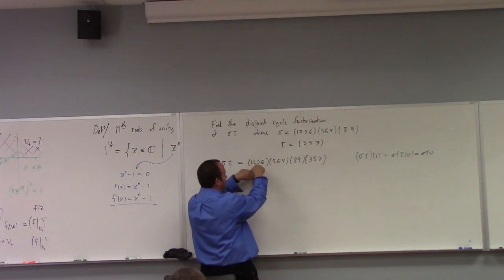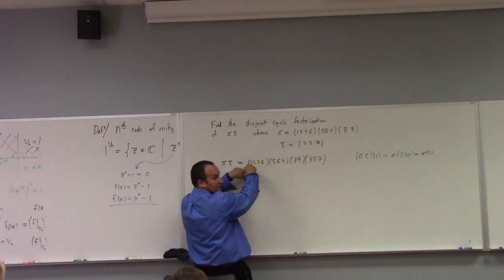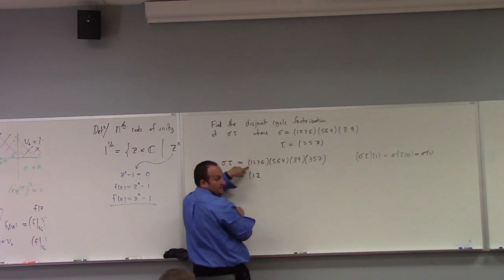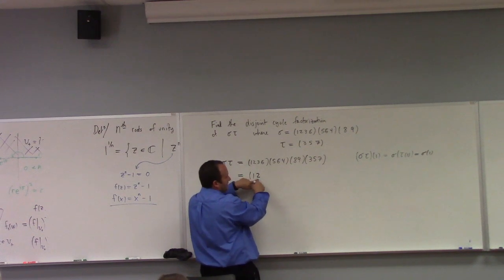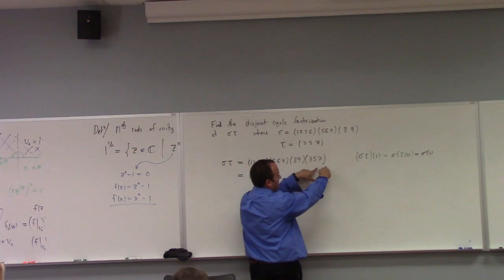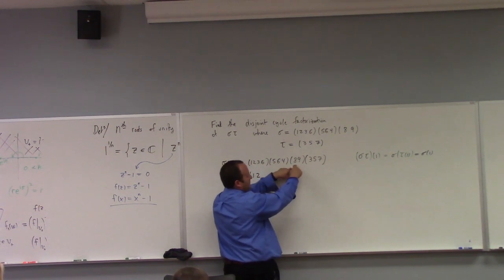1 is moved to 2 here, though. Once you get to the end of the road, wherever you get to, you write down 2. Then you have to take that 2 and go back to where you started and see what happens next. Does tau do anything to 2? It does not. Then the 2 moves on to (8 9).